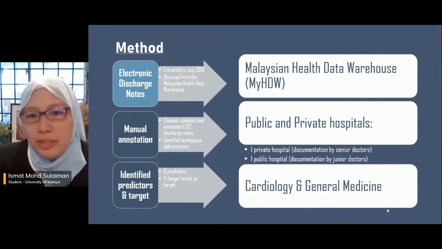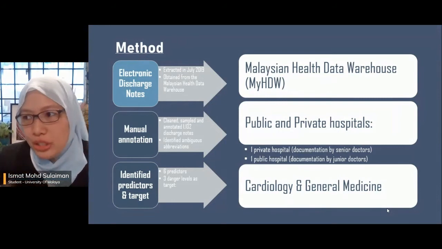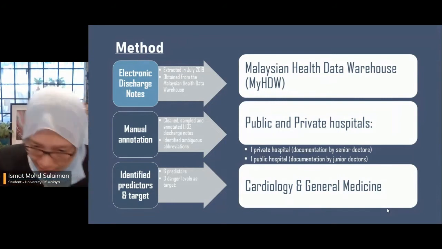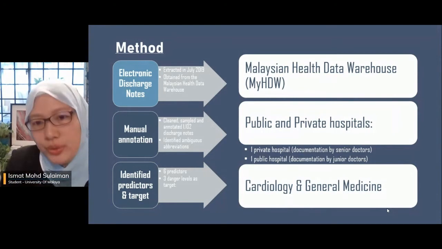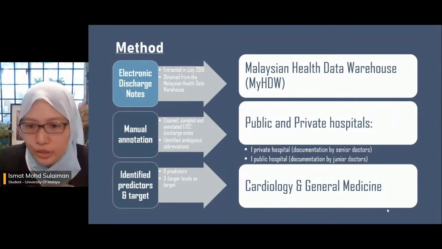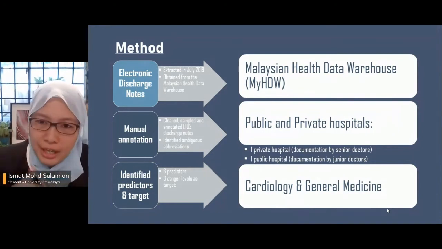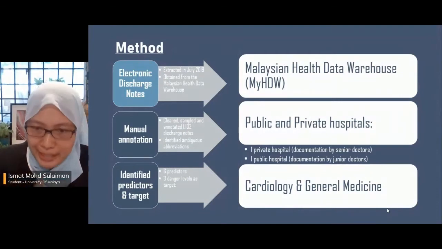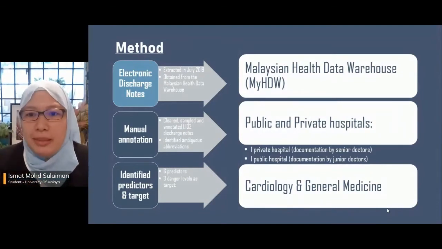Whereas in private hospitals, we don't have junior doctors. Junior doctors are those who recently graduated, are doing their internship and have not really signed off as a practitioner that can practice by themselves.